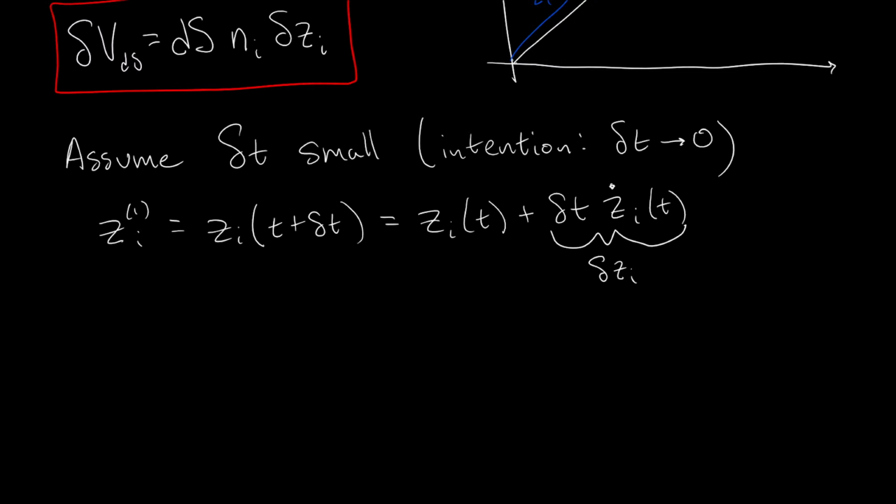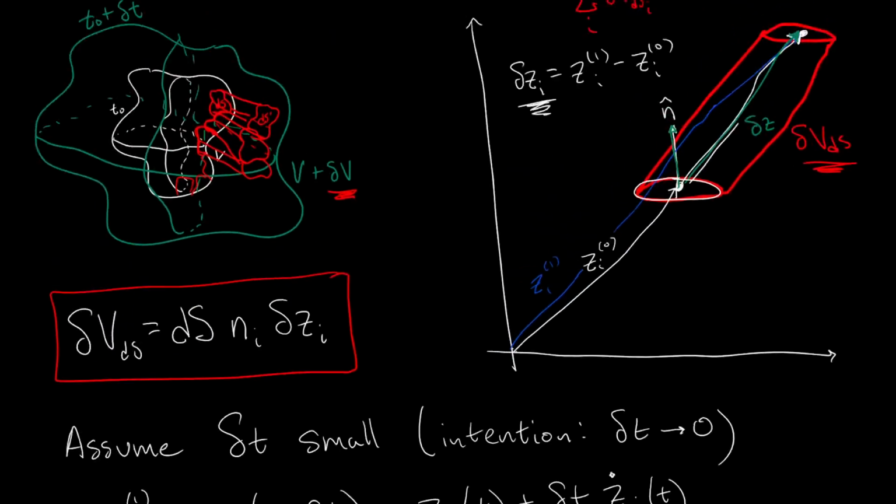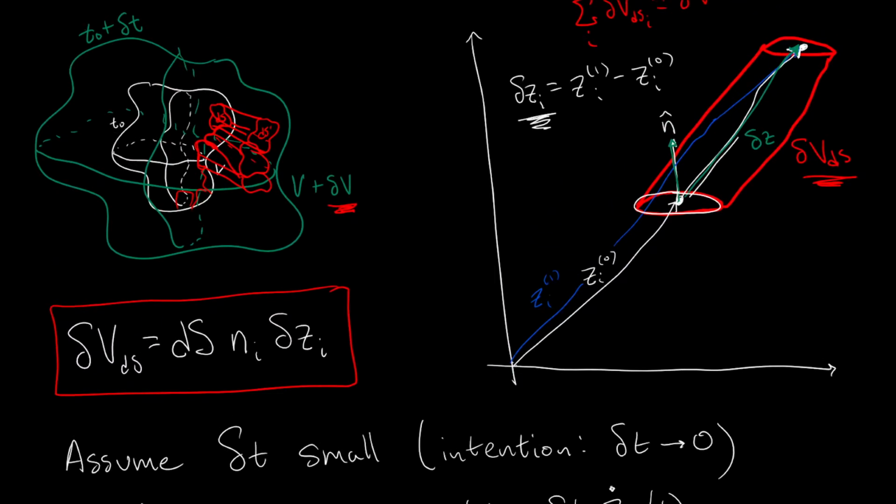So I can just substitute that back in, and I find this: dS n_i z dot_i delta t. Okay, so now I'm going to sum over all of these pieces, all of these dS pieces, which make up the surface of our original volume.